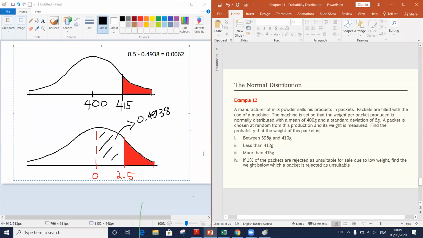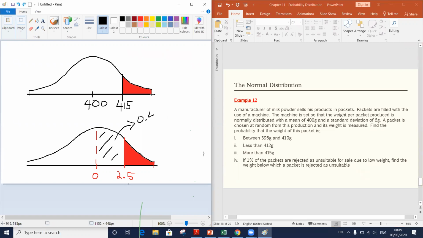Last one. If 1% of the packets are rejected as unsuitable for sale due to low weight, find the weight below which a packet is rejected as unsuitable.